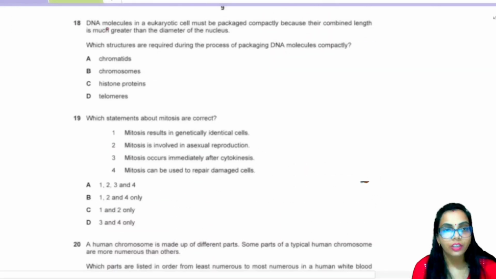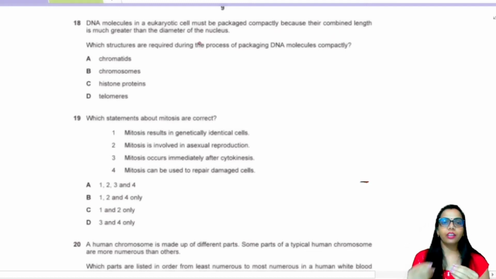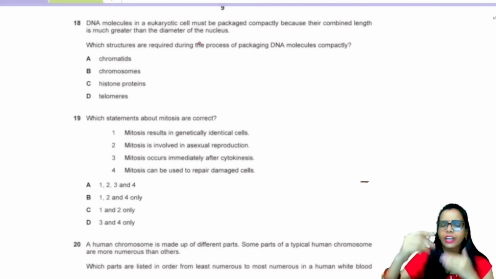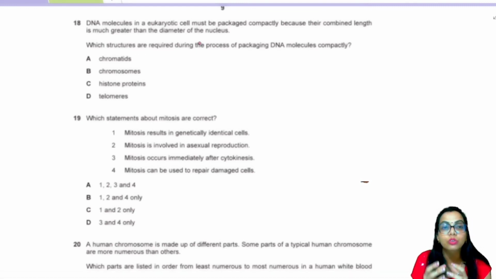Now the next question, DNA molecules in a eukaryotic cell must be packed compactly because their combined length is much greater than the diameter of the nucleus. We know that in our single cell, 2 meters length of DNA is present, and that gets compact and condensed to form the chromosome, condensed around the histone protein.